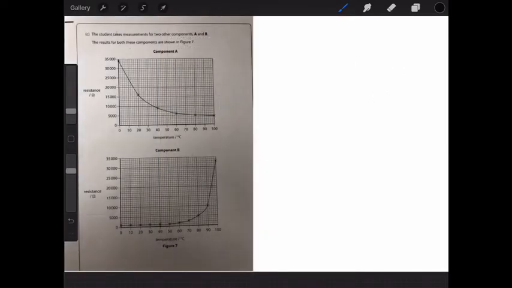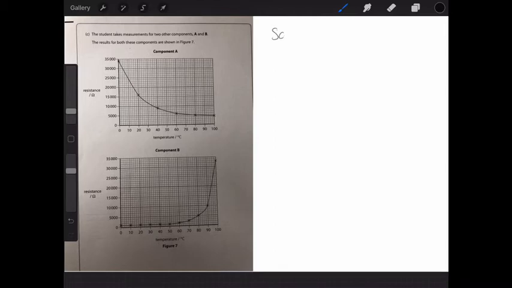So we're being asked to compare and contrast how the resistances of component A and component B vary with temperature. We're analysing these graphs to look at similarities and differences. First of all, a similarity: they are both resistance temperature graphs and they both have the resistance changing with temperature.